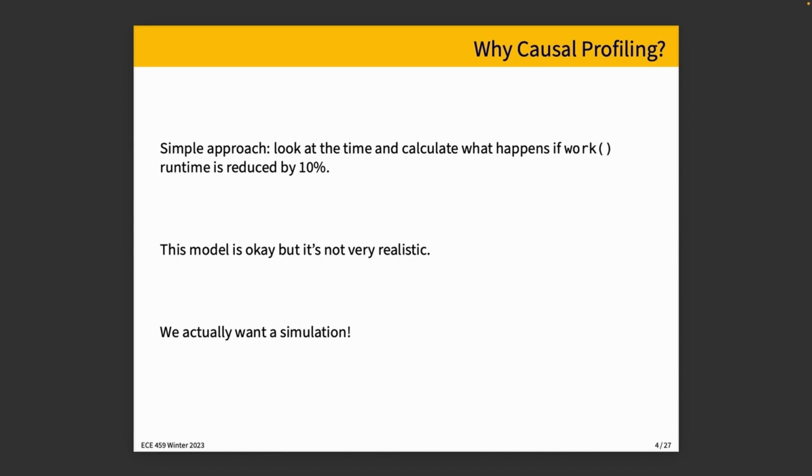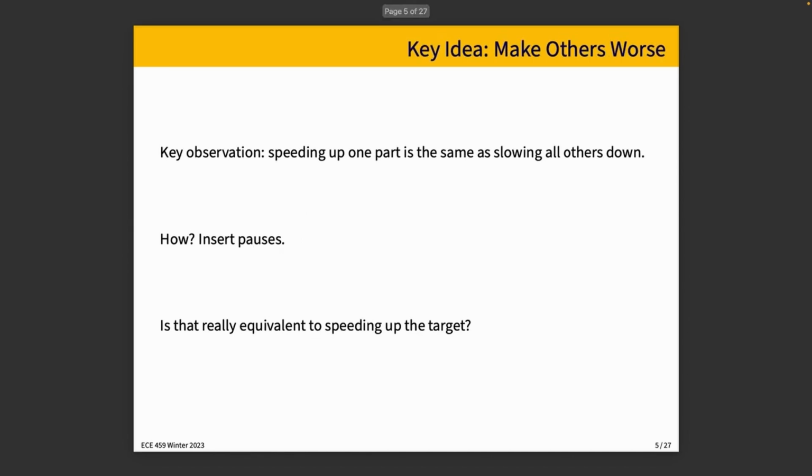It might actually increase execution time by increasing, say, lock contention or some other mechanism. It adds things to the critical path. It just doesn't work out quite the way that we're thinking, so it's not as simple as we'll just guess what happens if we speed this up by a certain amount.